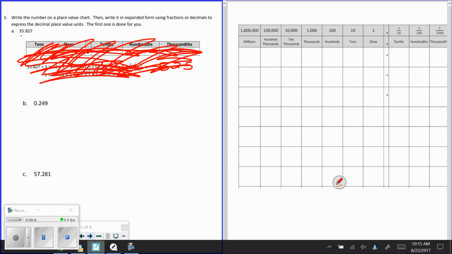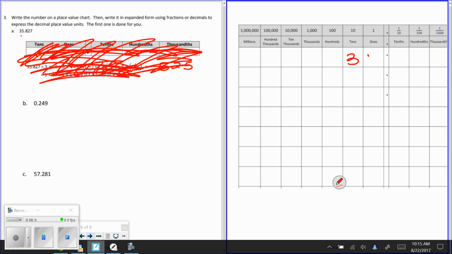Write it on the place value chart, exactly like the number. 35 and 827 thousandths. Just like you had to do, I don't know, word form or something. Okay? Now, what they're wanting you to do, and when I start doing it, you're going to go, oh, yeah, because I showed you this for Math Journal once or twice. It may not have sunk in, but it's there.